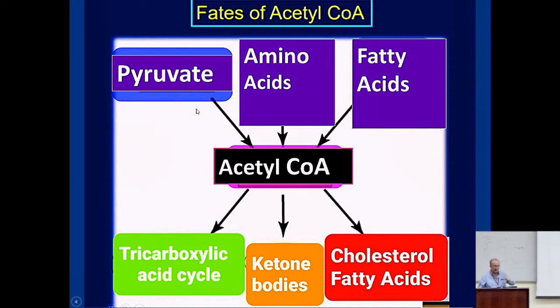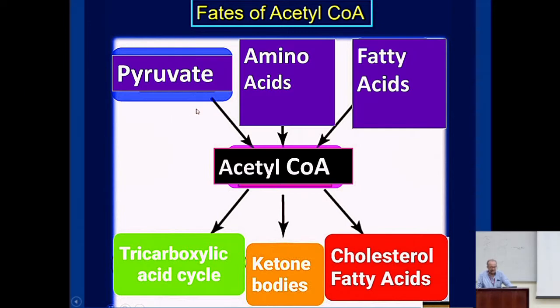Meaning you are in a well-fed state, there's plenty of glucose, you form pyruvate. Pyruvate dehydrogenase produces acetyl-CoA, and from two pyruvates, two NADHs, which is a significant energy output. Now, the fate of acetyl-CoA is shown here.